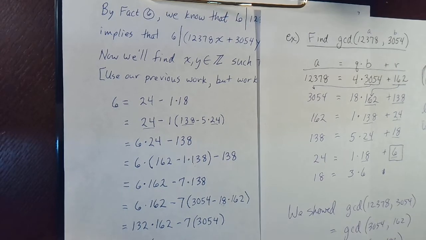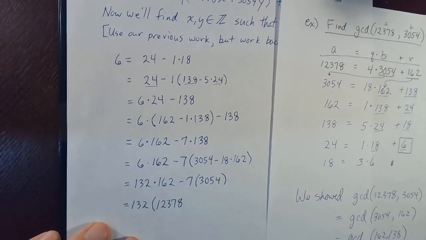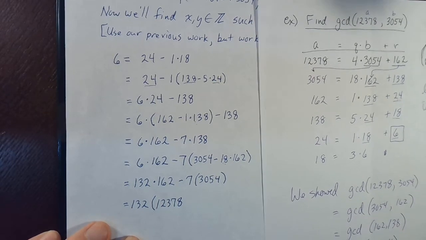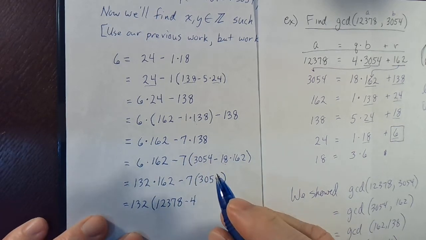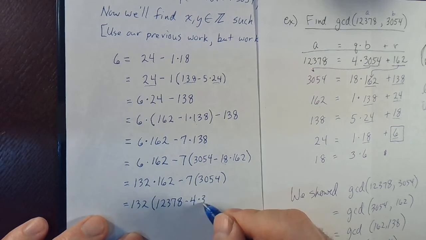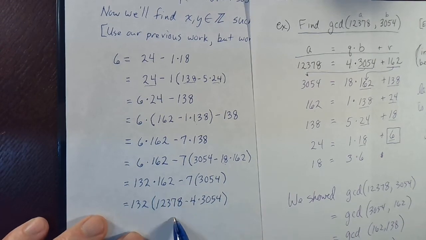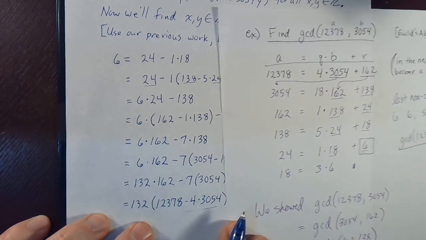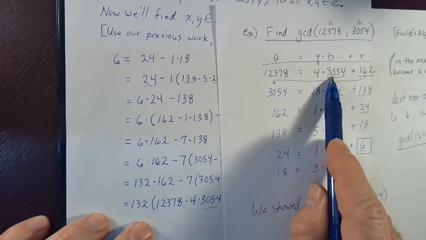All right, so 132 times, instead of 162, I'm going to write 12,378, and then minus 4 times 3054. So we just replaced 162 with this expression, and that's because of this equation here. 162 is equal to this minus this.